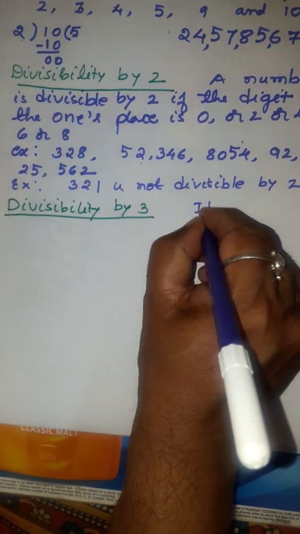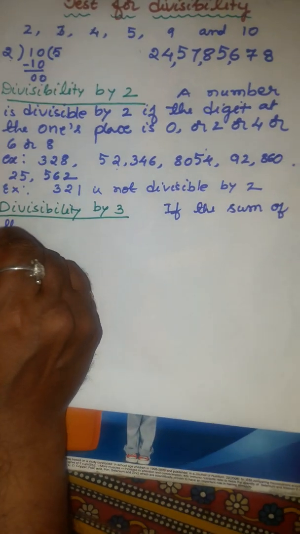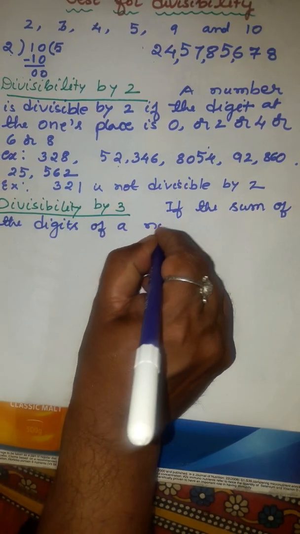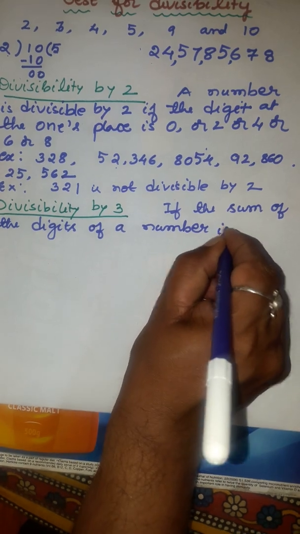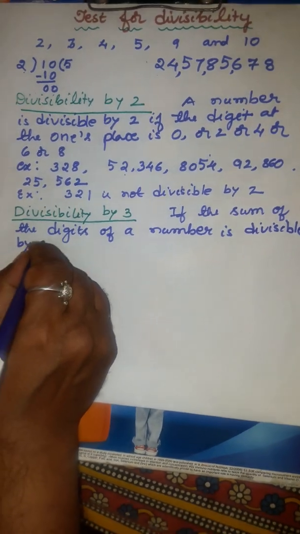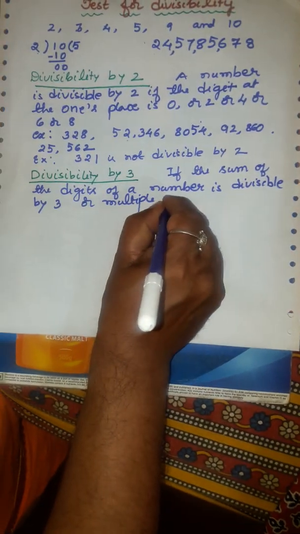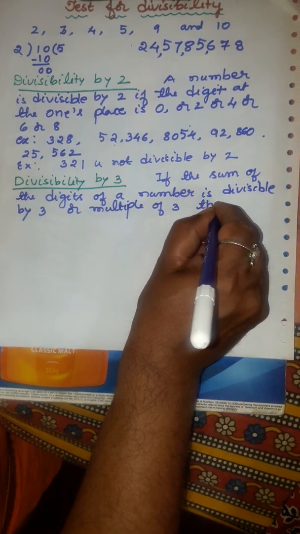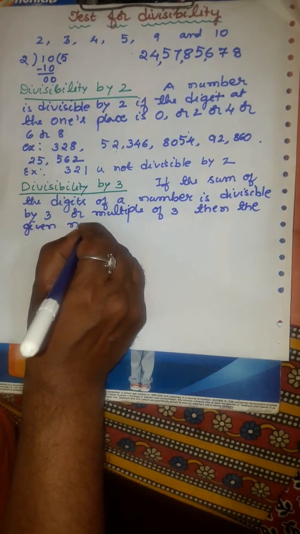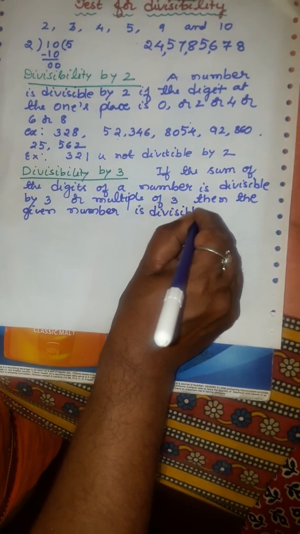If the sum of the digits of a number is divisible by 3 or a multiple of 3, then the given number is divisible by 3.